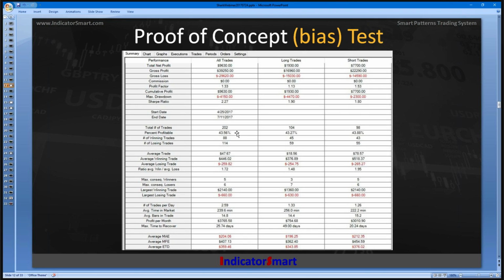So very often with this kind of system, you're going to see average win to average loss. This was about 2, right? A little bit lower on the long side, about 1.72. And then you can see that the largest winner is quite a bit bigger than the largest loser.